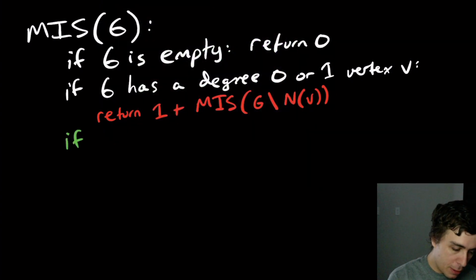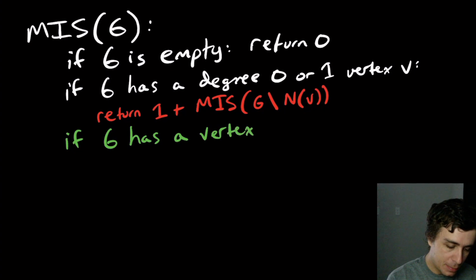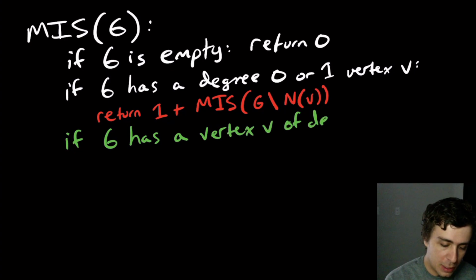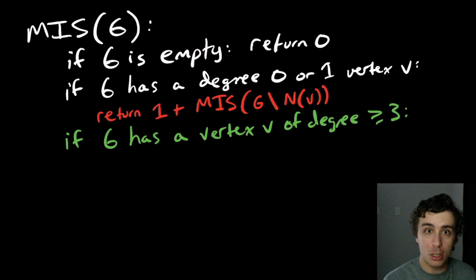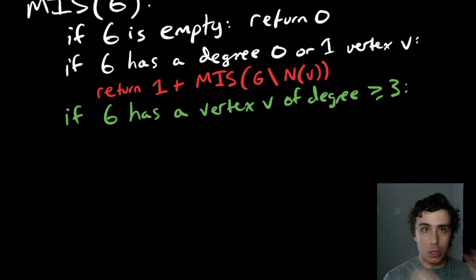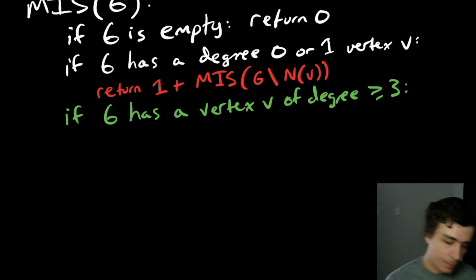If G has a vertex V, I'm still going to call it V, of degree at least 3. The 3 is actually important here, and we'll see why. Then we're just going to do the normal recursion on either including it or not. So I'm going to have 2 possibilities.